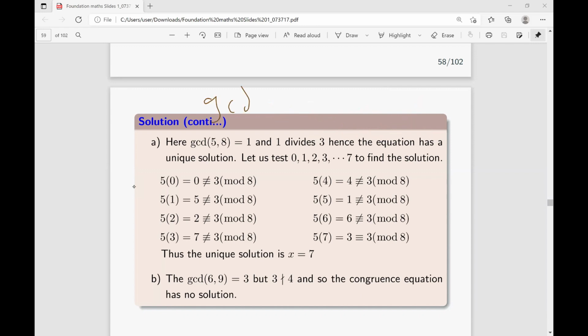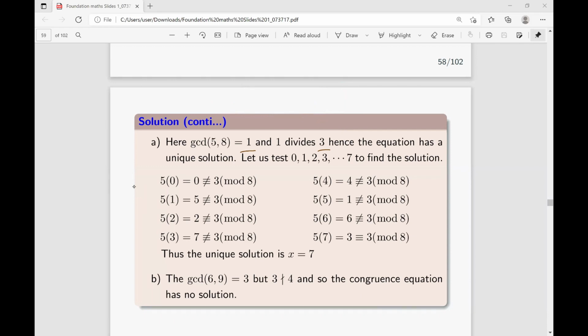The GCD of 5 and 8 must divide the number before the mod. The number before the mod was 3. Yes, it must divide the number before the mod. So, yes, the GCD is 1, and 1 divides 3. If the GCD is 1, then this equation has one solution.